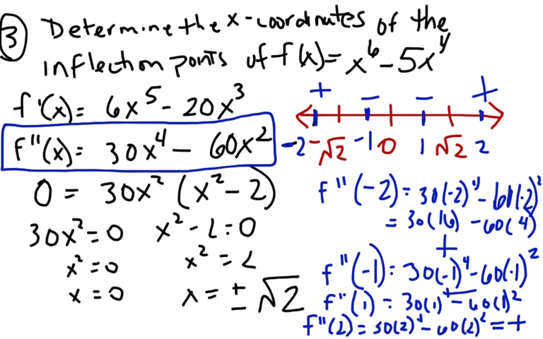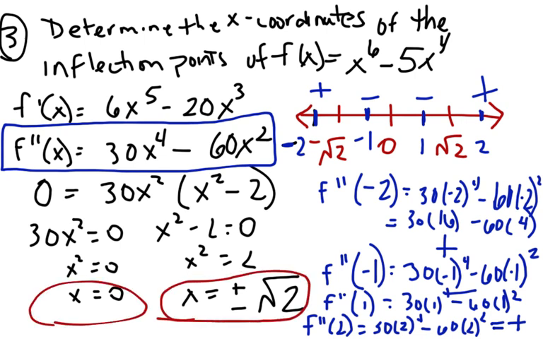So, points of inflection occur when the second derivative is either 0 or undefined. It's never undefined, but we have zeros at x equals 0 and at x equals positive or negative square root of 2, and where it changes signs.